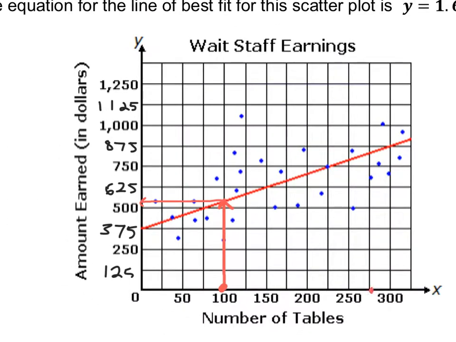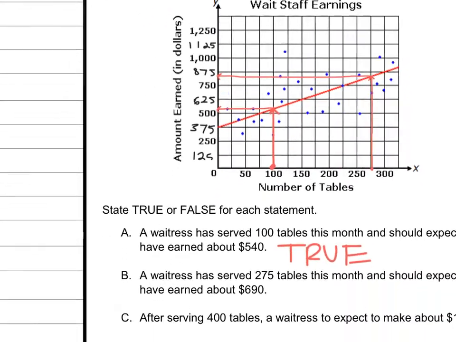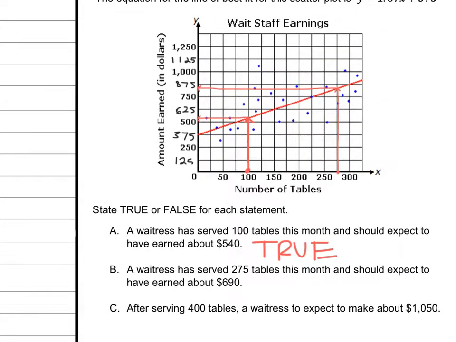So 275 tables, all the way up and over. Maybe that's like 800, is it like 850? Something like that, $850. So let's read the statement again. A waitress has served 275 tables this month and should expect to have earned $690.